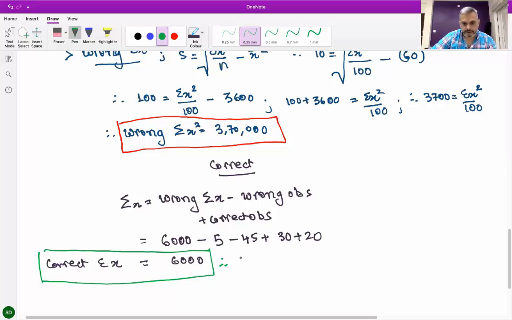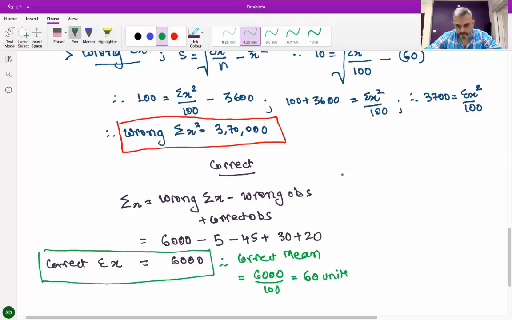Therefore, correct mean is equal to 6,000 upon 100, which is equal to 60 units. So this is done as far as sigma x.